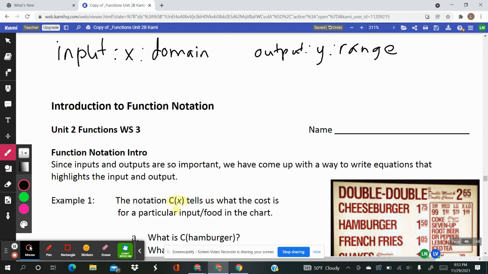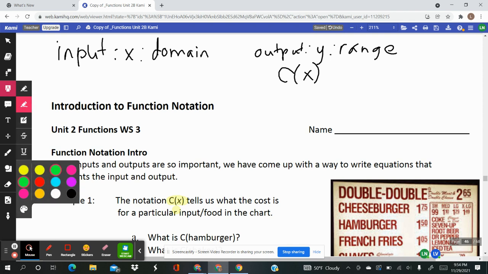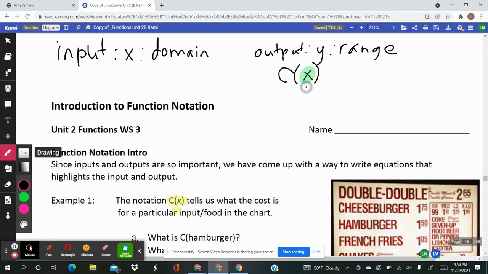So when we have things written like that, that's actually how we would write our output, c of x. Now, if we were talking about the input, that is just the x value. So there's your input. The whole entire thing, c of x, is your output.